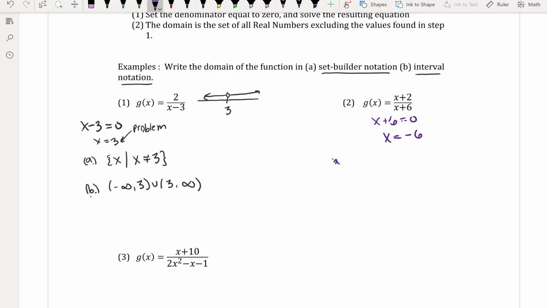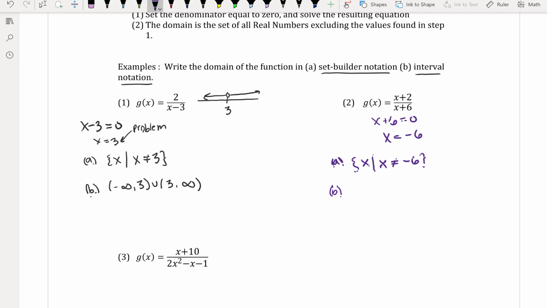So for part A, I'm going to have my set builder notation. I have the variable x such that x cannot equal negative 6. Okay, and then you close that set builder notation. For part B, I wanted it in interval notation.